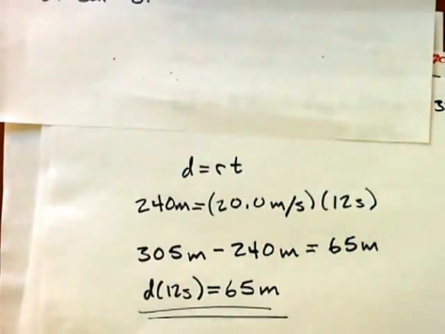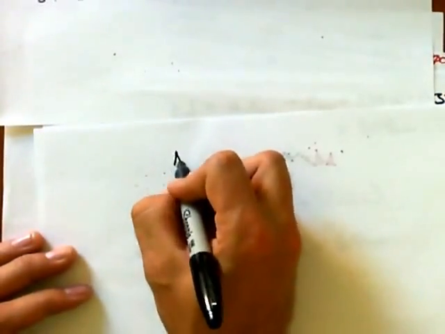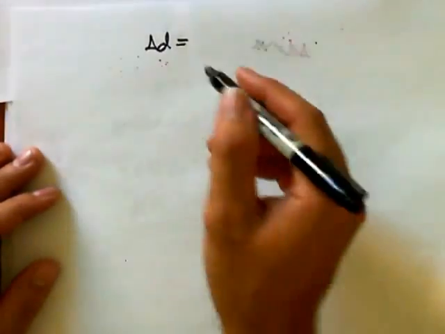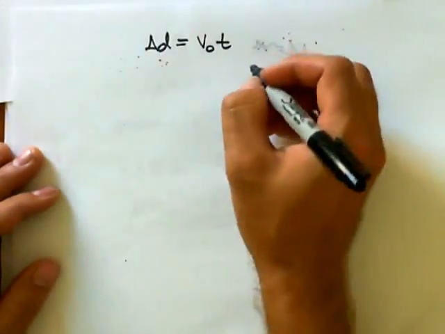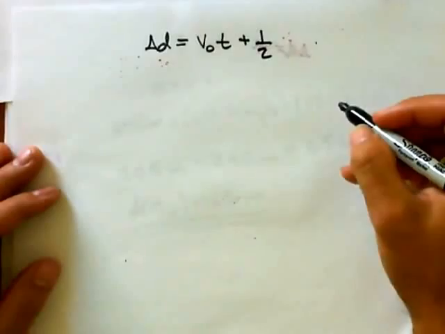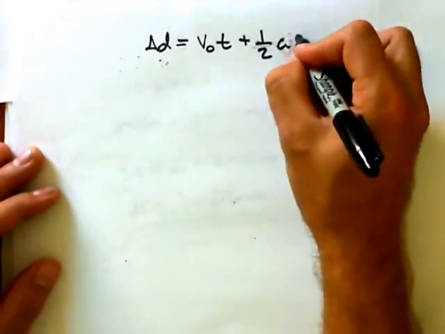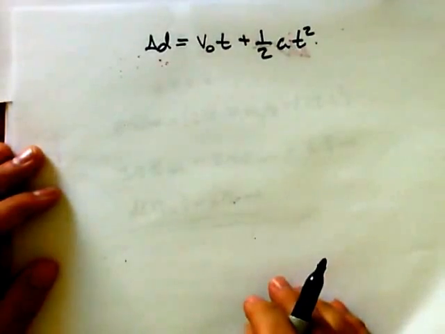This formula is the change in d equals v naught t plus 1/2 a t squared. Okay.